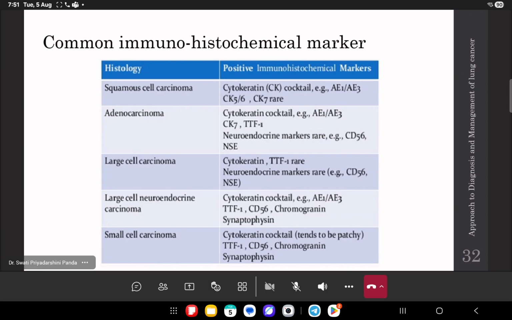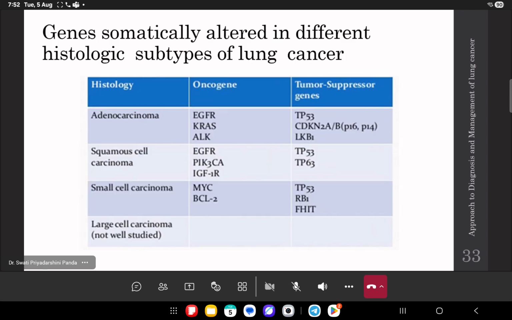In large cell carcinoma, cytokeratin is positive, TTF1 rare, and neuroendocrine markers like CD56 and NSE. Large cell neuroendocrine carcinoma markers are cytokeratin cocktail AE1, AE3, TTF1, CD56, chromogranin, and synaptophysin. Small cell carcinoma: cytokeratin cocktail tends to be patchy, TTF1, CD56, chromogranin, and synaptophysin.